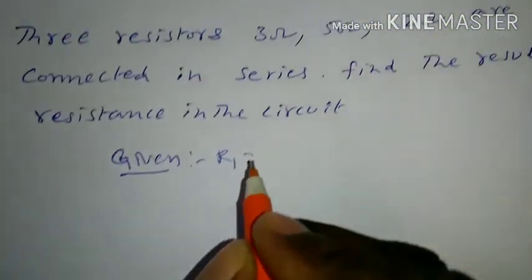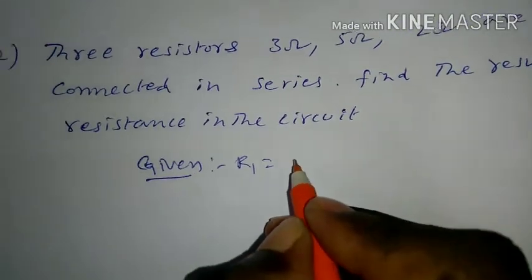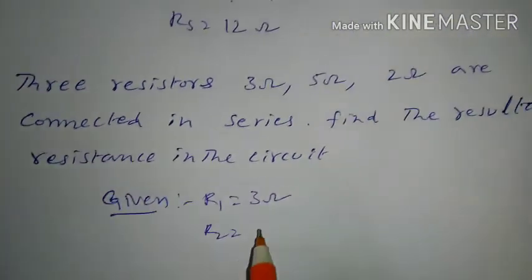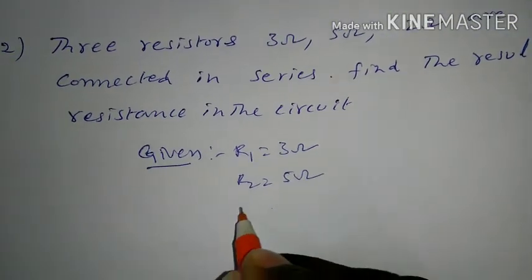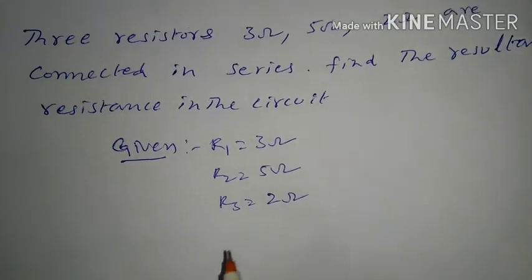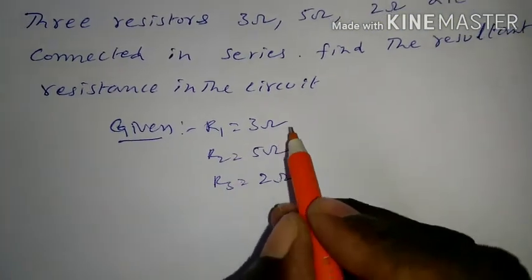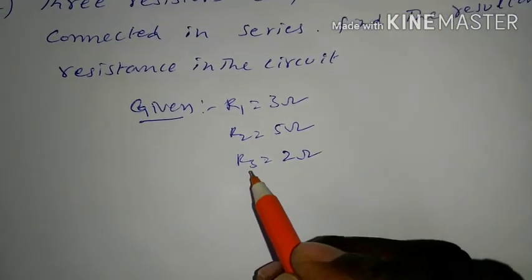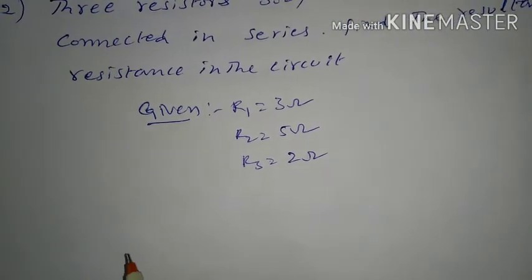R1 is equal to 3 ohms. R2 is equal to 5 ohms. R3 is equal to 2 ohms.